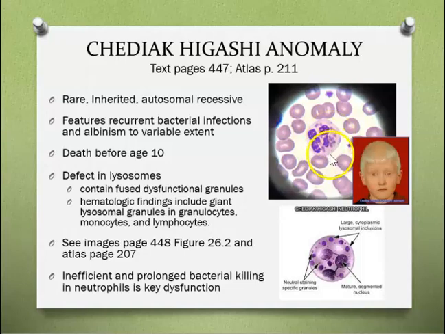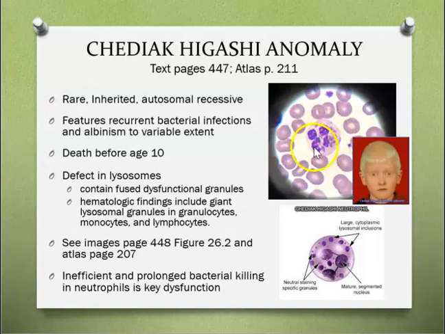At first glance, you would think, oh, this is a hypersegmented neutrophil probably, but it's actually not hypersegmented. All these extra little purple splotches you see are not part of the nucleus. It's actually those fused dysfunctional granules that are being produced by the deficient lysosomes from the cell.